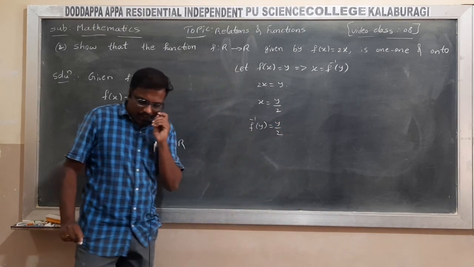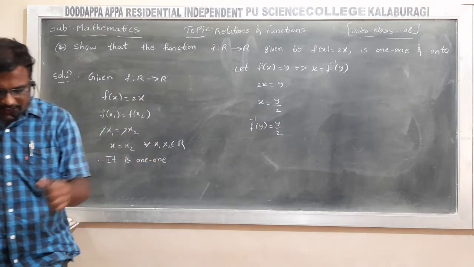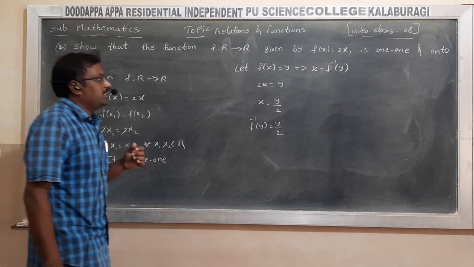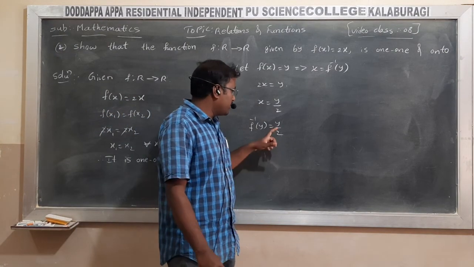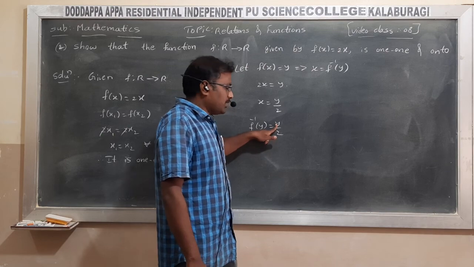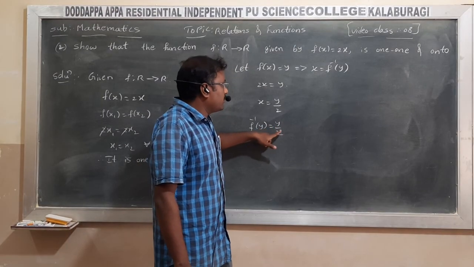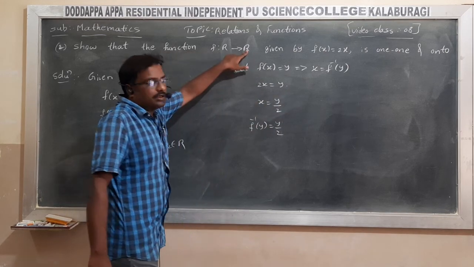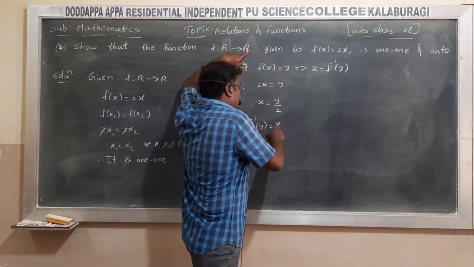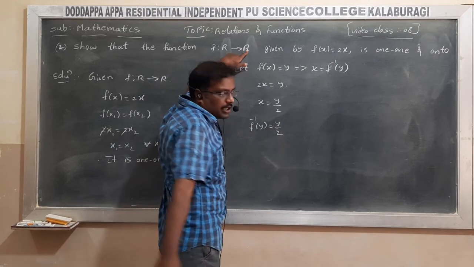Now check it. Putting the value here, if you get a real number, then it is an onto function. See here, first if you put 1 in place of y, what is the answer? 1 by 2. Is 1 by 2 a real number? Yes. If you take 2, 2 by 2, we get 1.